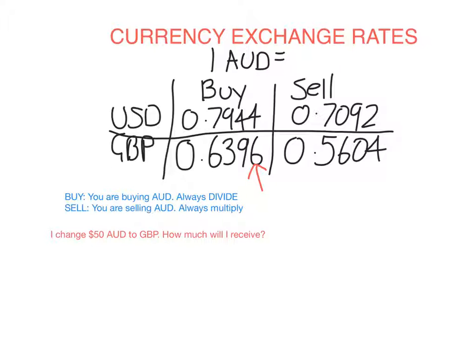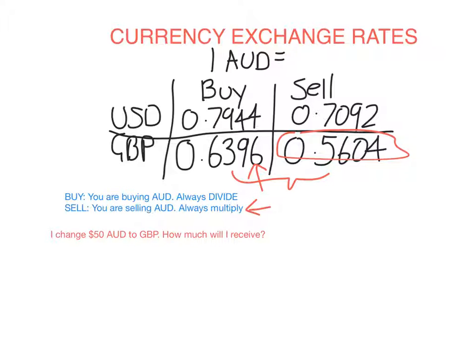If I was buying online, they would use the exchange rate, which is the average of these 2 numbers here. But when you're actually changing, you have to pick which rate you're going to use. So if I'm changing AUD to Great Britain pounds, I'm giving the bank Australian dollars. I'm selling Australian dollars, so I want the sell rate. And as it says here, when you're selling, you always multiply.